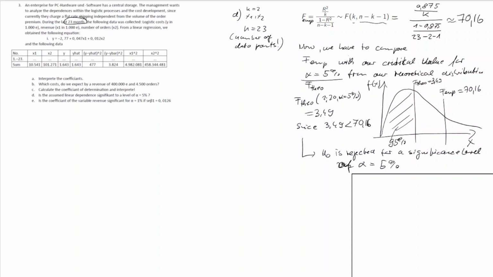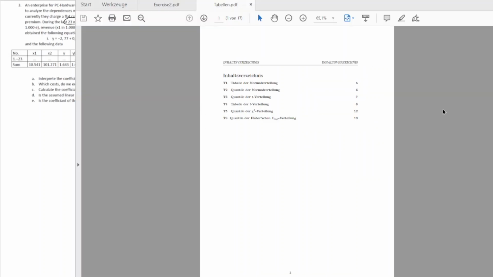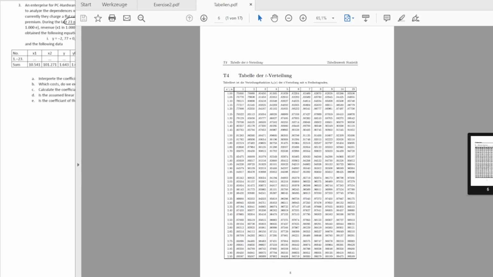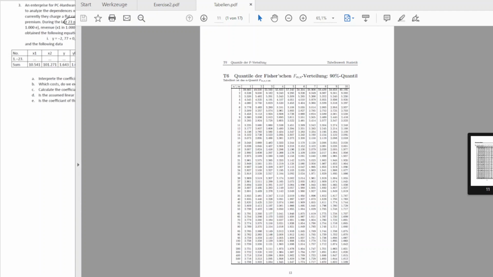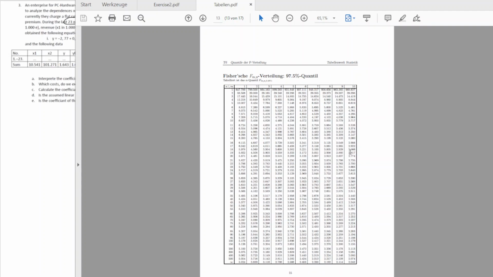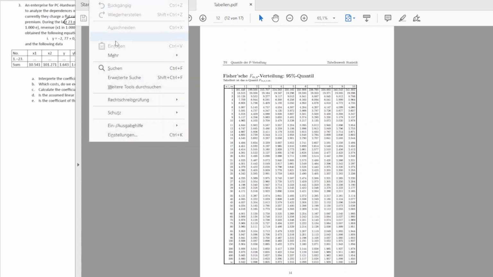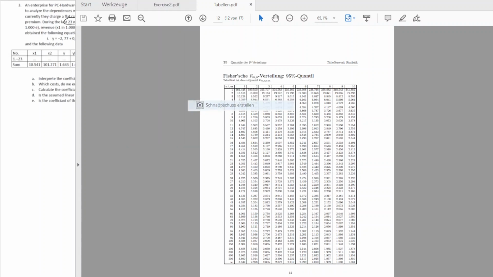And this we also find in our table. This I want to copy for you. 90 and 95. So let's cut this up to 20.